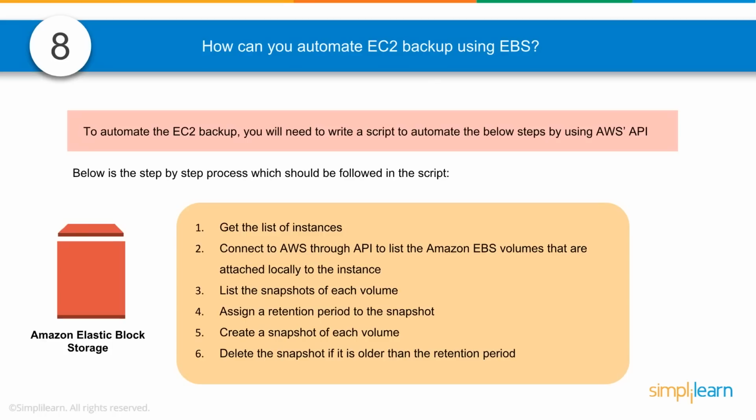And then the fifth point is to create a new snapshot of each volume, and then delete the old snapshot. Anytime a new snapshot gets created, the oldest snapshot in the list needs to go away. So we need to include lines in our script that make sure it's deleting the snapshots which are older than the retention period that we are mentioning.